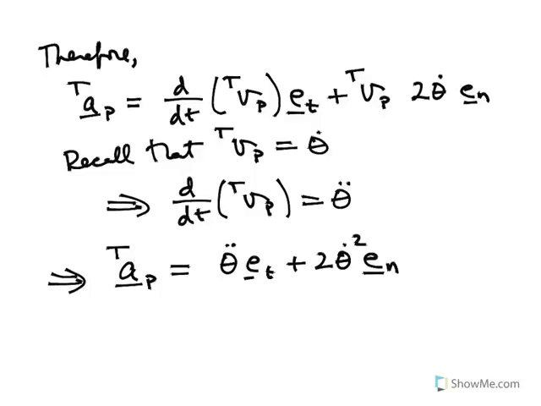So now let's study a second example. In the second example, we have a particle that slides on a spiral. It's a logarithmic spiral.